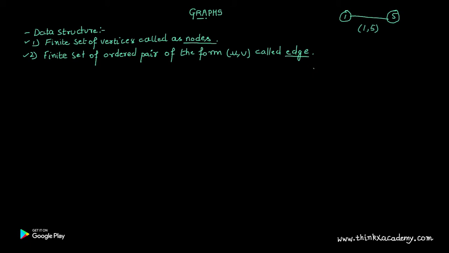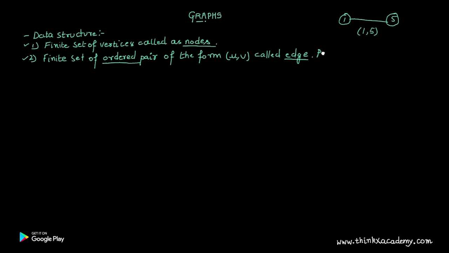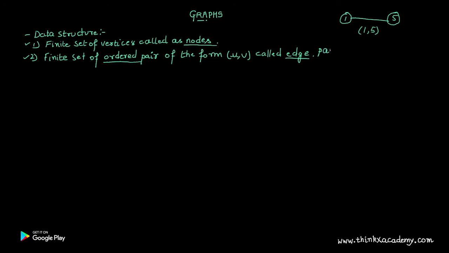The pair is ordered because the pair u comma v is not equal to v comma u.